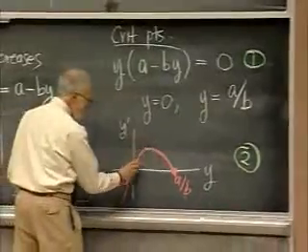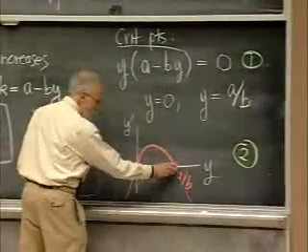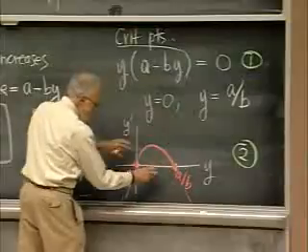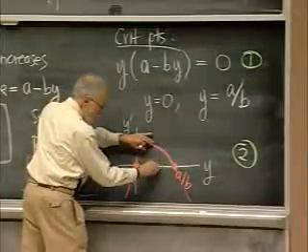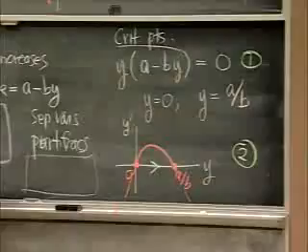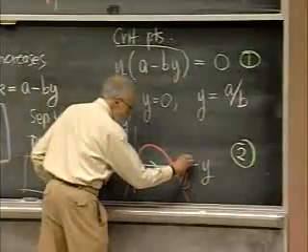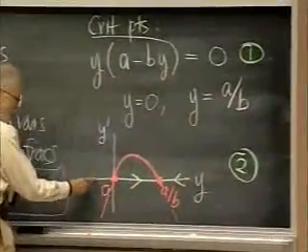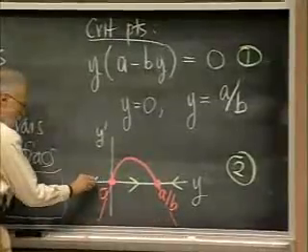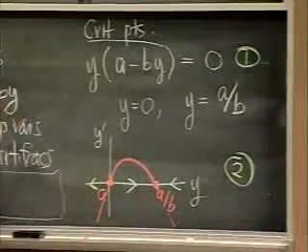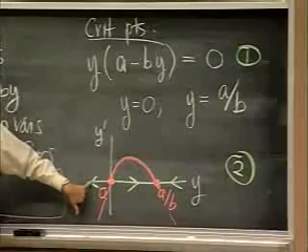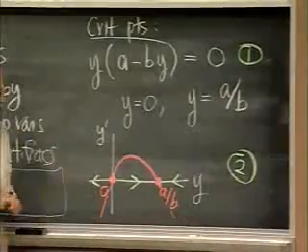Well, it's positive here for this range of values of y. Since it's positive there, it will be increasing there. Here it's negative, and therefore it will be decreasing. Here it's negative, and therefore dy dt will be negative also, and therefore the function y will be decreasing here.